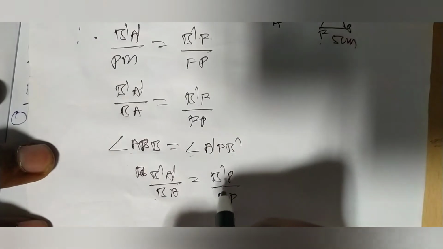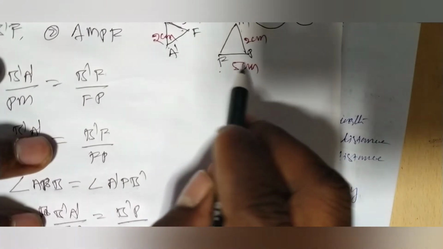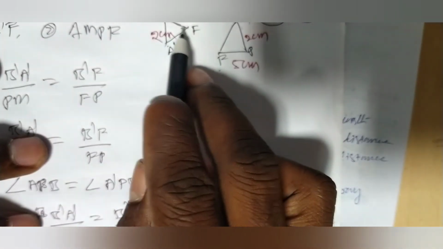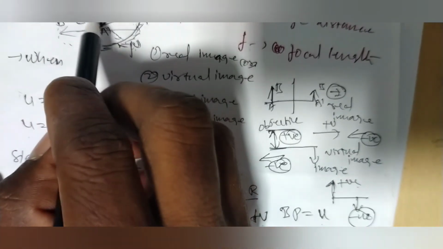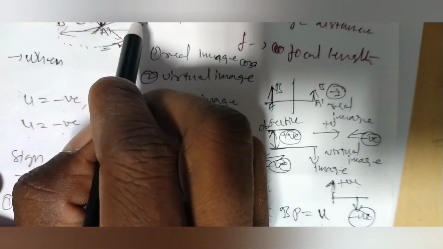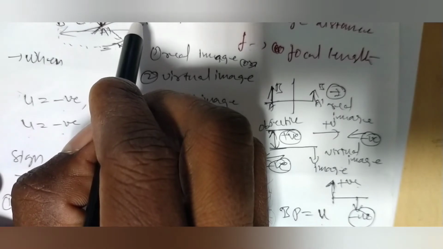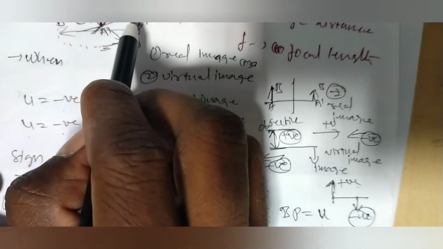That is, B dash P is equal to B dash F. See here, B dash F is equal to B dash P from this one. This angle is same. That's why we can write BF is equal to B dash F is equal to B dash P.